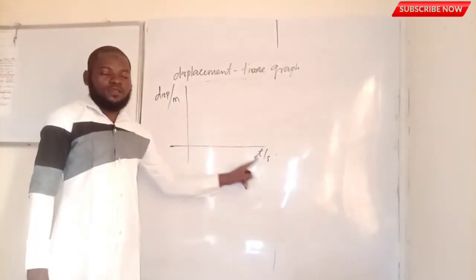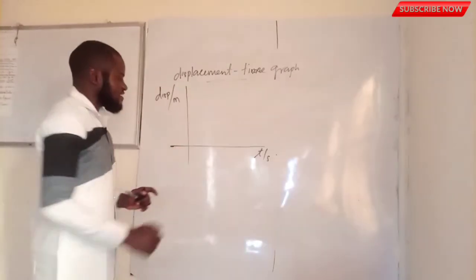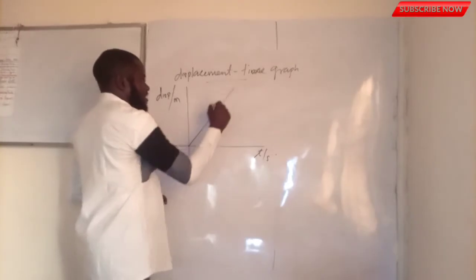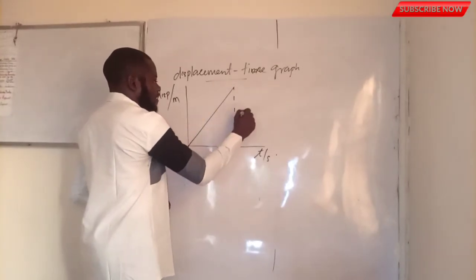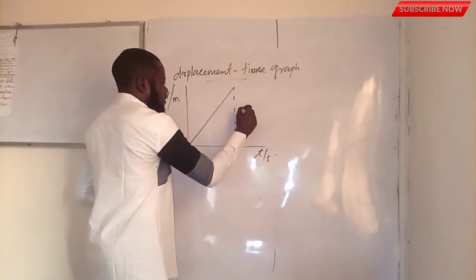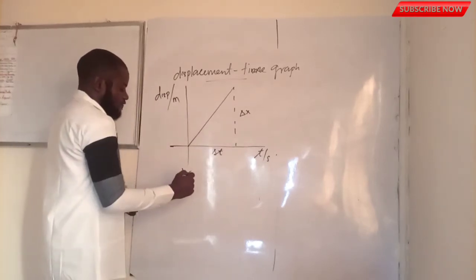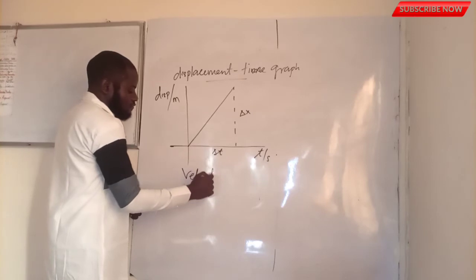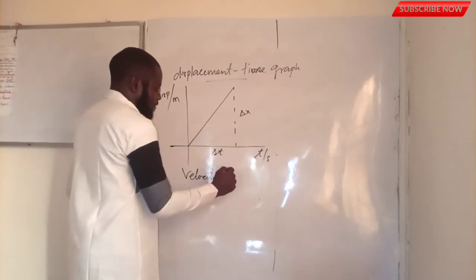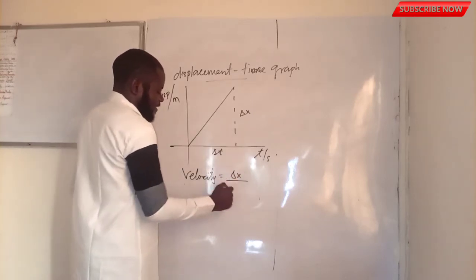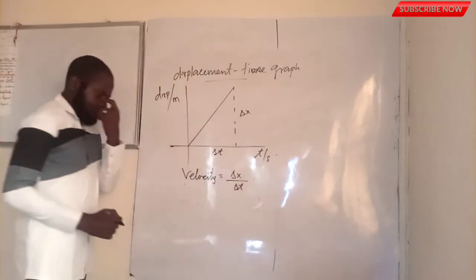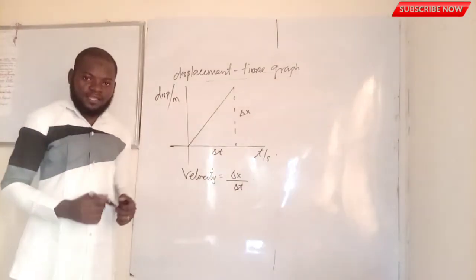Against time. When you plot displacement against time and we have a straight line like this, the slope of this graph is going to give us velocity. So, velocity is going to be the change in displacement over the change in time. Do we understand this now?